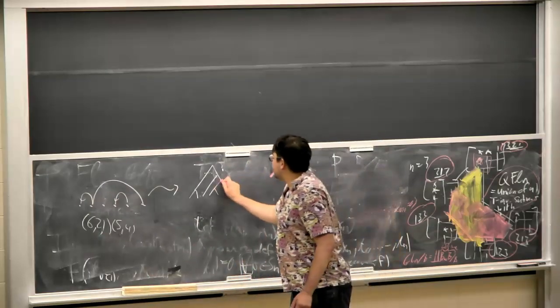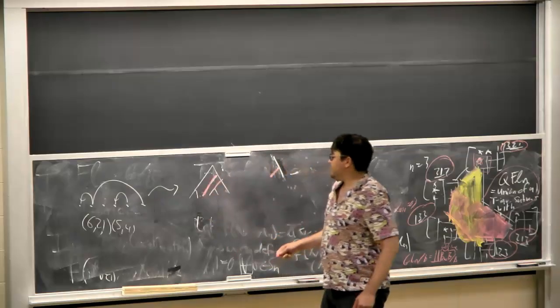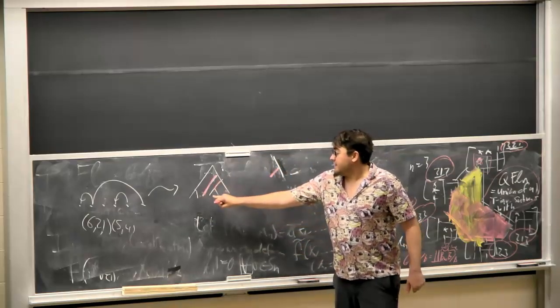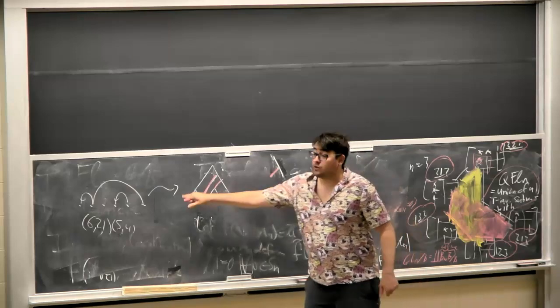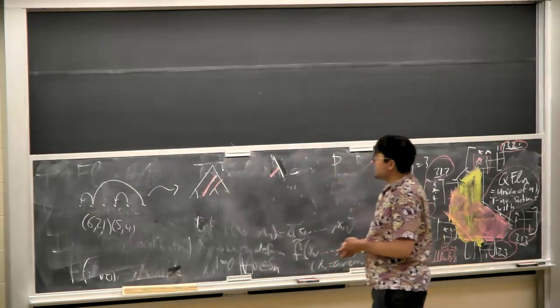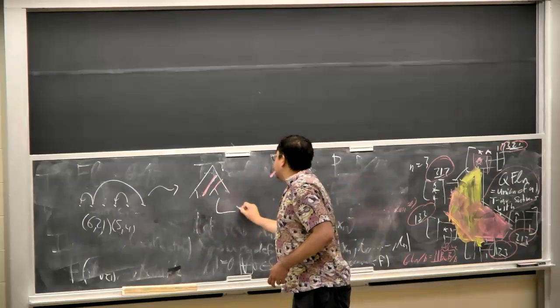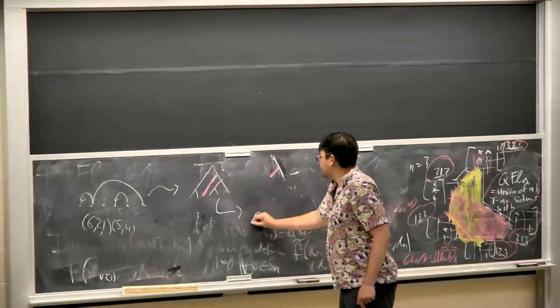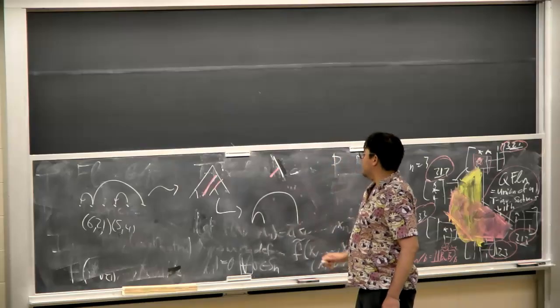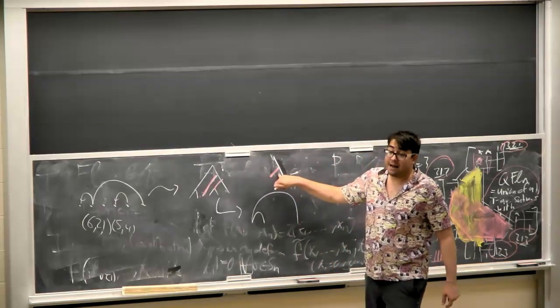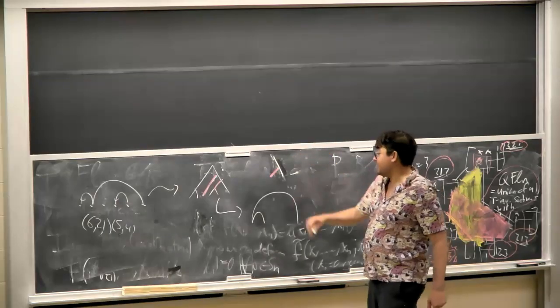In this case, if I delete this edge and this edge, I see two things supported on this 5,4 and this 6,2,1. So I have the tree. How did you know only to cut those two edges? Because this is the rule: if it looks like a lambda in this orientation, you cut that.